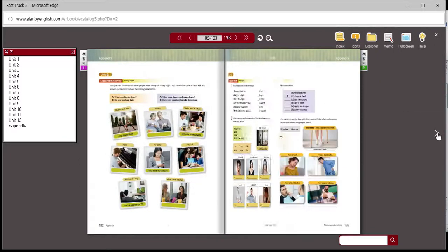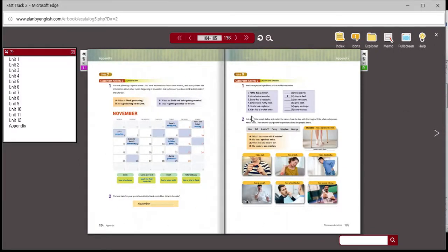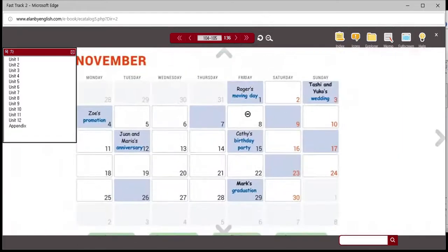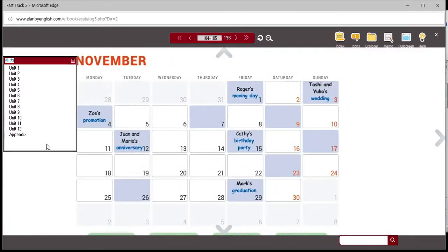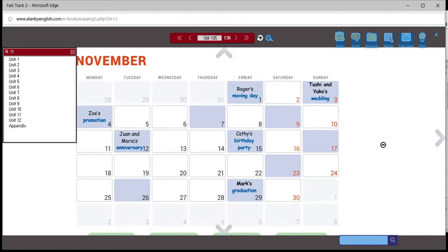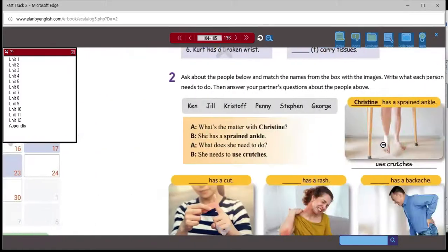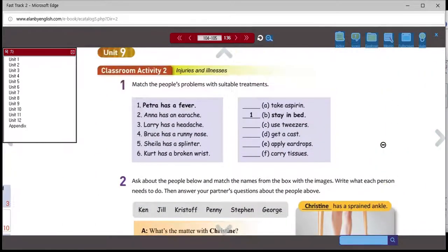Okay. So again, student A is going to go to page 105 and do the matching activity here. Okay.